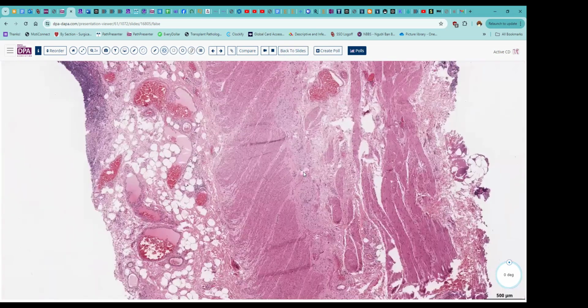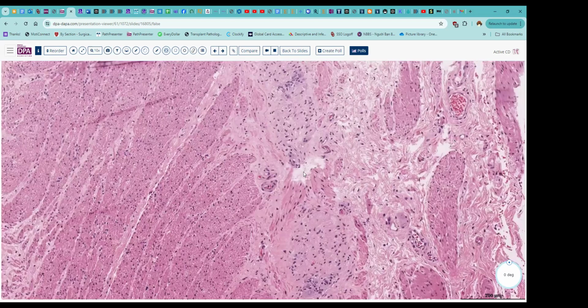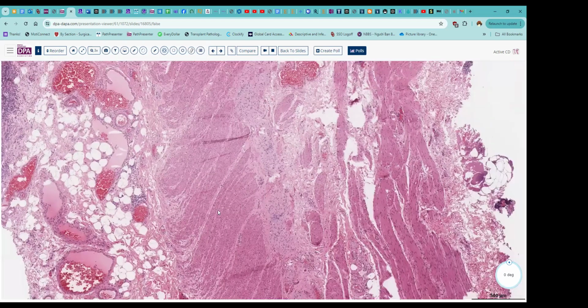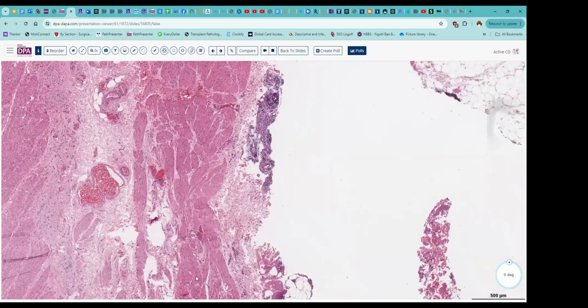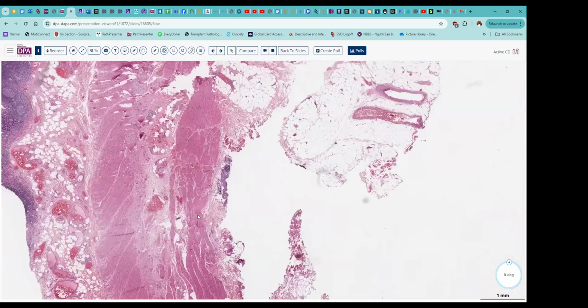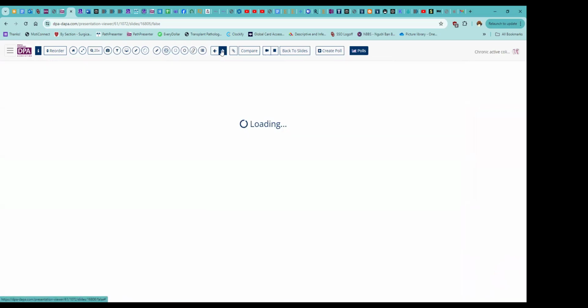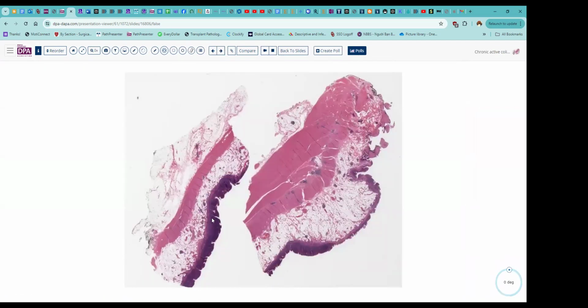However, we can look down here and see if these are just myenteric plexus. Not really seeing much in the way of adventitia here. So we'll go on one more case here. Oh, I think this is from the same patient.